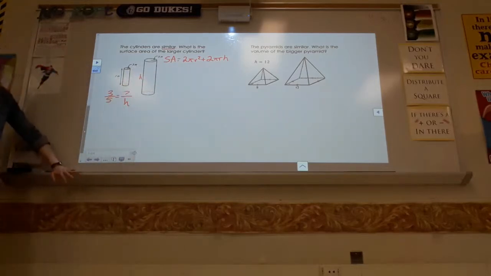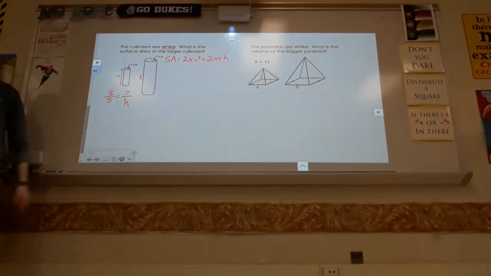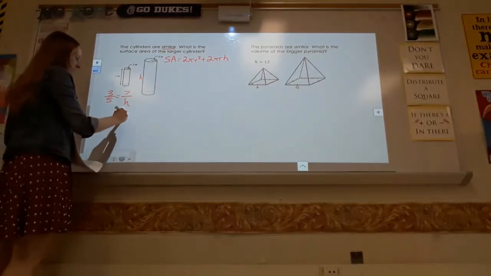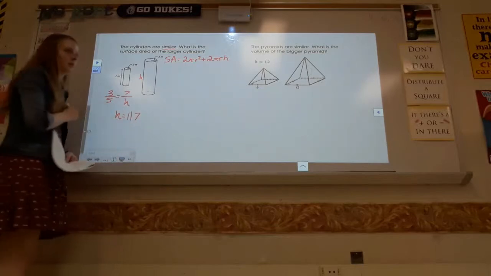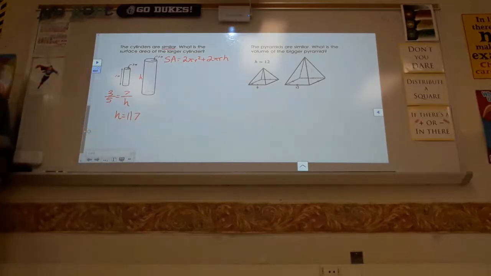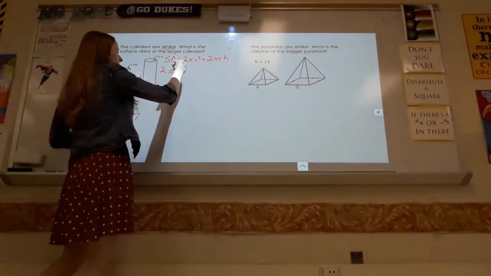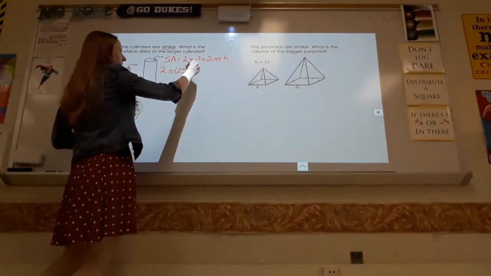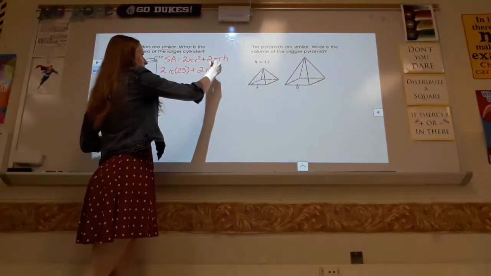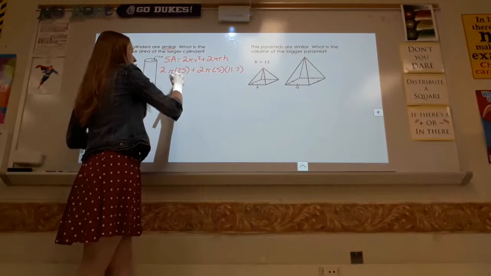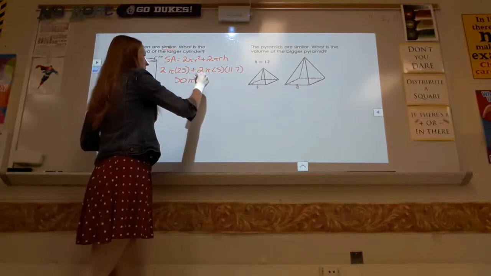So you can real quick use a proportion to find that missing piece that you need in order to solve. So it becomes 11.7 approximately as your height. And then you can plug that in. So 2 pi radius squared would be 25, plus 2 pi 5 times that height we found already.